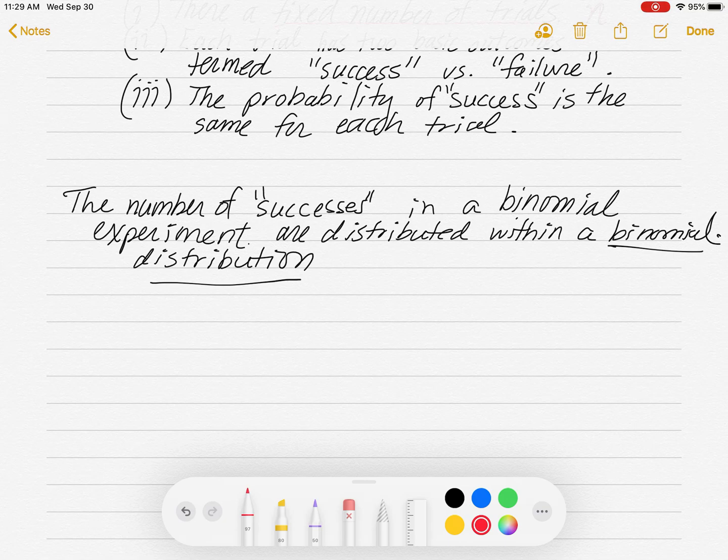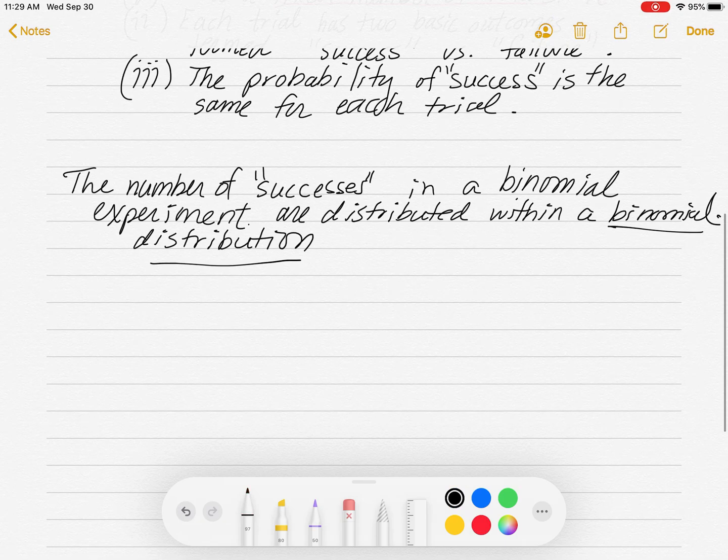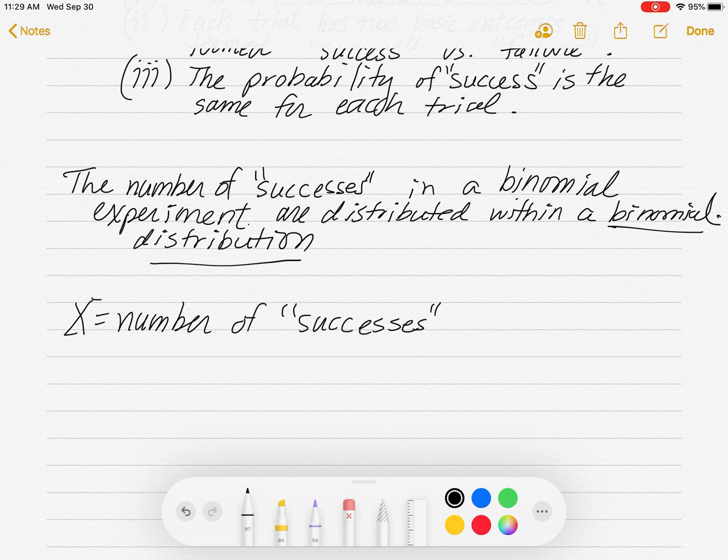All right. So when you take the number of successes from a binomial experiment, this forms what we call a binomial distribution. If you call the number of successes x, so let's call x the number of successes in a binomial experiment.